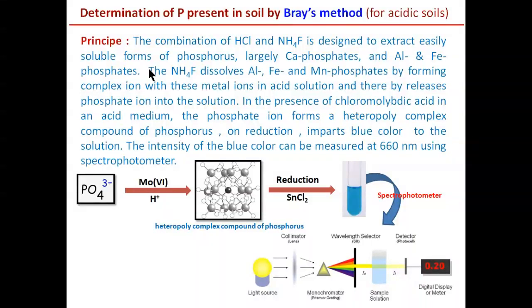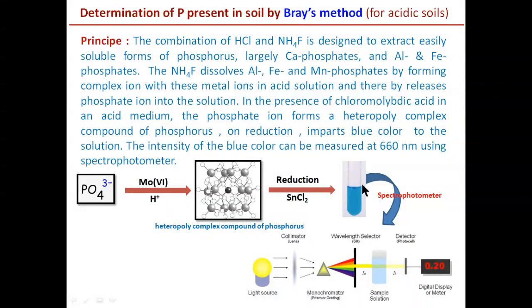In the presence of chloromolybdic acid in an acid medium, the phosphate ion forms a hydropoly complex compound of phosphorus. On reduction, this complex imparts blue color to the solution. The reducing agent may be SnCl2 or ascorbic acid.